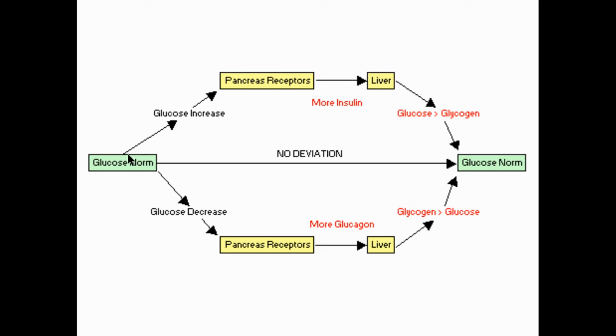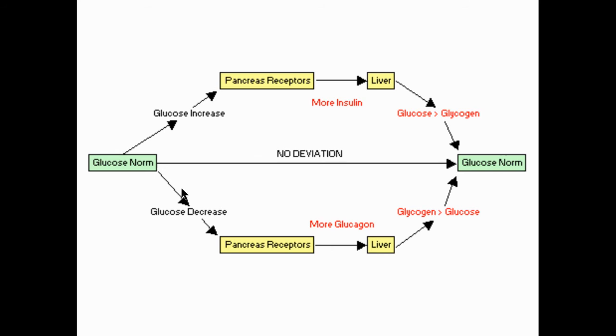So here's our normal glucose, and if the glucose increases, then the pancreas has these receptors, and it's like, oh, we've got too much glucose. We need to produce more insulin. So the pancreas is going to produce more insulin, and then the liver is going to take any extra glucose and turn it into glycogen, because we don't want to have too much. So extra glucose gets turned into glycogen and then stored in our liver, and then it goes back to normal.